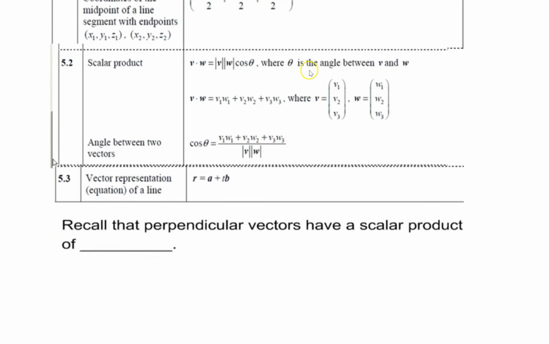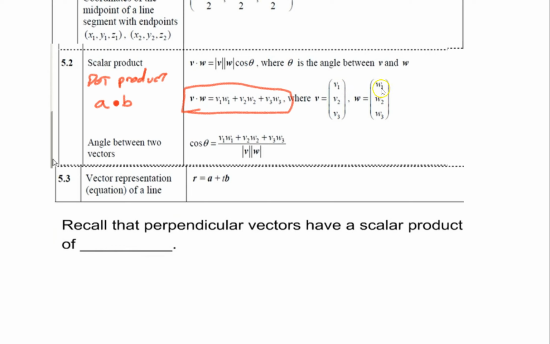Now here are the big ones. Scalar product, also sometimes known as dot product, because the symbol is a dot b. That means dot product. Now here's the formula we actually use. See a little dot right there? So if I want to take a dot product of these two, all I'm going to do is multiply the corresponding parts.